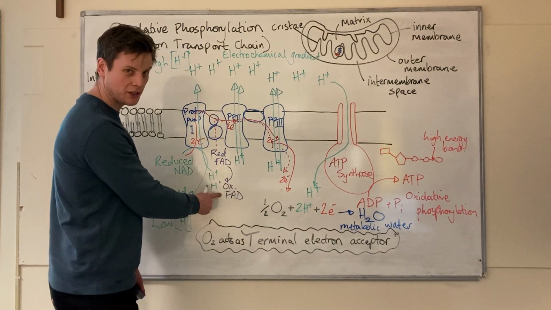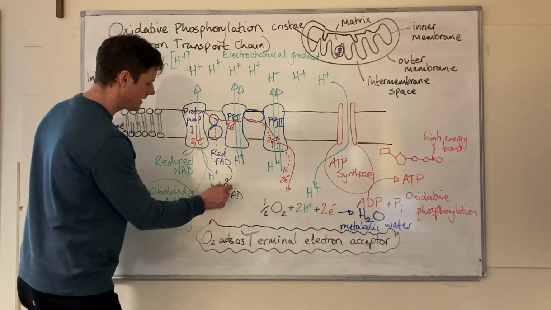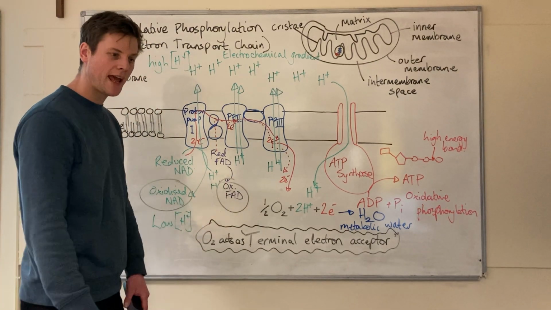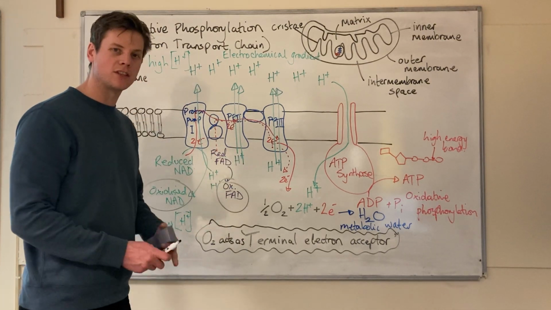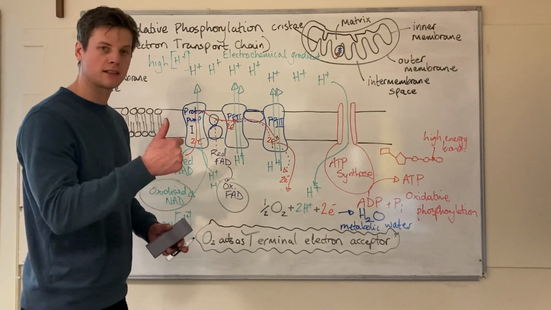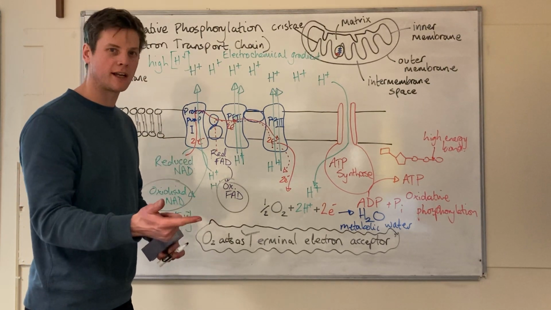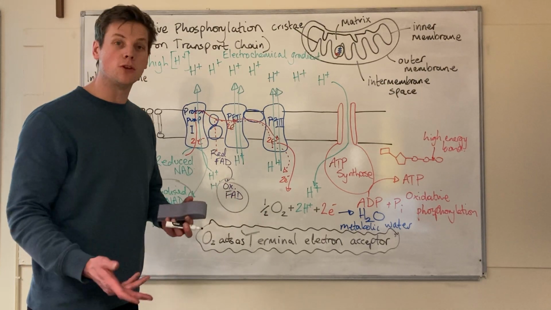to be reoxidised, meaning that the oxidised NAD and the oxidised FAD can go back to the previous stages of aerobic respiration, so back to the Krebs cycle, or back to the link reaction, or back to glycolysis, to be reused.